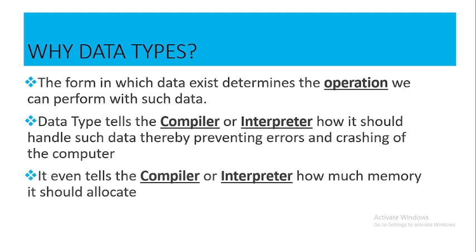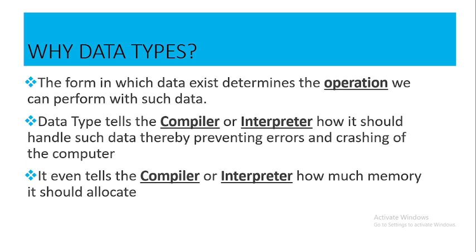So moving forward, data types also tell the compiler or interpreter how much memory it should allocate. So when it comes to data types, each data type has what is called memory allocation that the system or the compiler or the interpreter allocates for such data type.